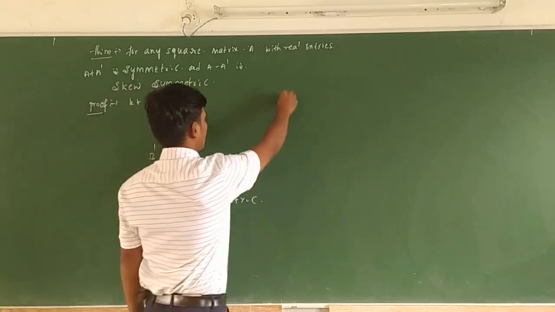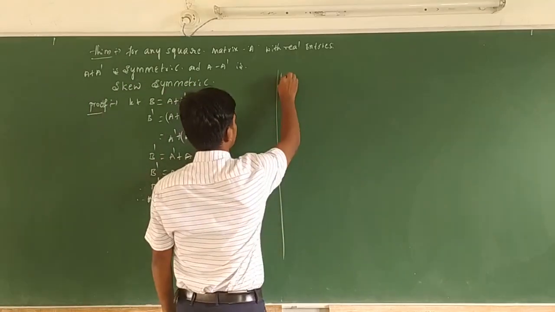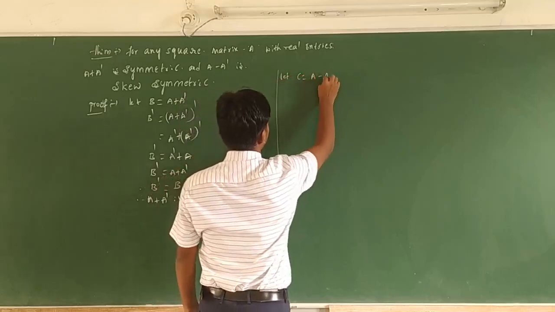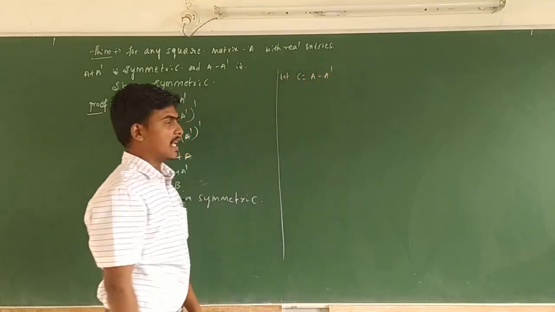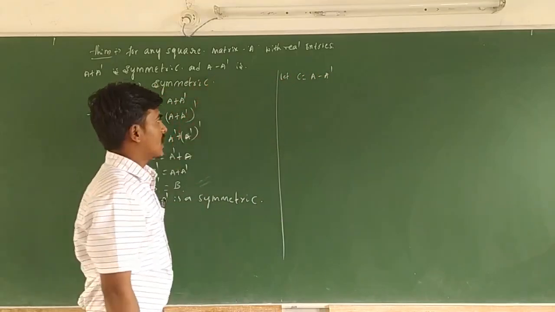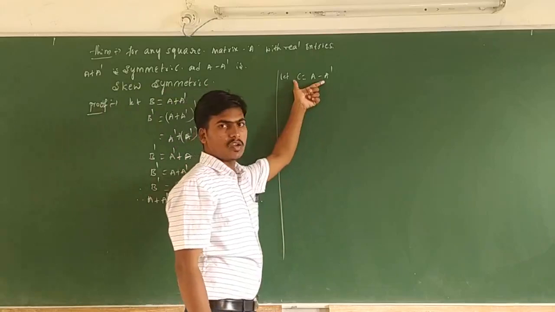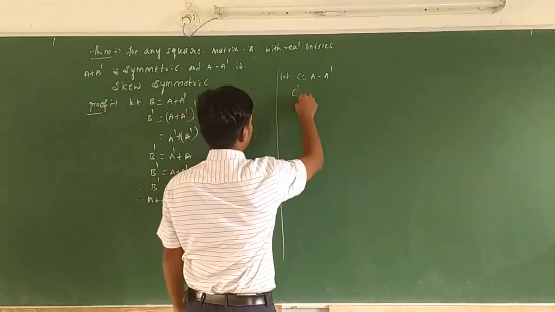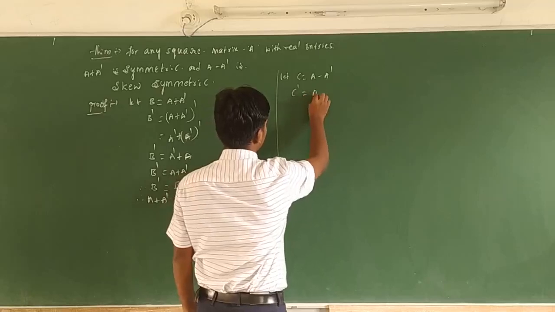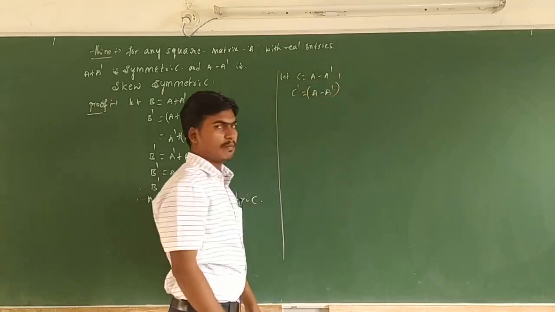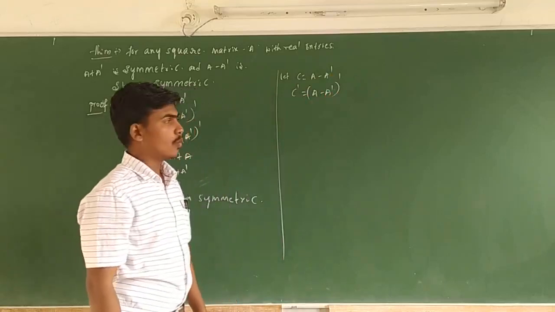Again, in general, let C equal A minus A transpose. I have taken A minus A transpose as C. Again I apply the transpose operation on both sides. So what do we get? C transpose equals A minus A transpose whole transpose.